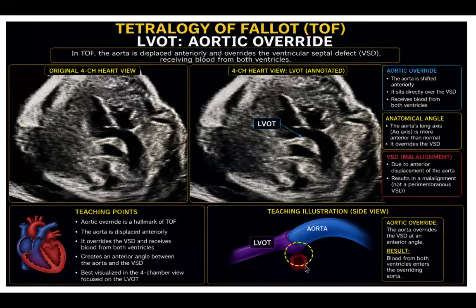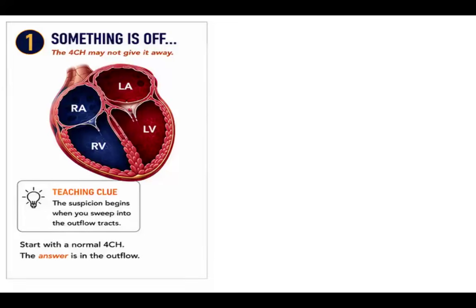Okay, so the aorta will override the VSD, typically on that anterior side, which we saw, and as a result will have blood entering from both ventricles into that overriding aorta. That is that drastic angle. Okay, so let's walk this through.